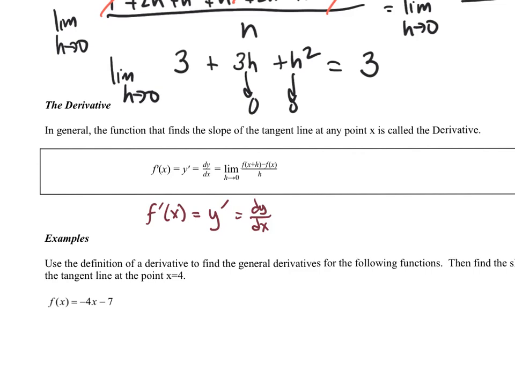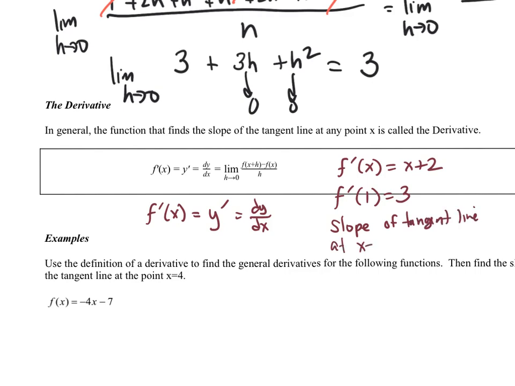Because once I have a derivative, let's say the derivative f prime of x is x plus 2. That's the derivative of some function. Well, if I do f prime of 1 and get 3, what that's going to tell me is the slope of the tangent line at x equals 1 is 3.